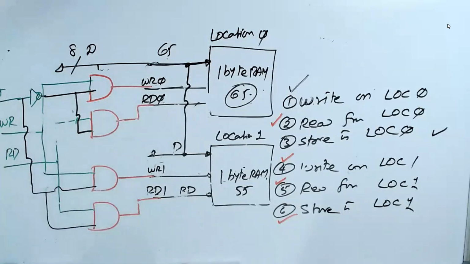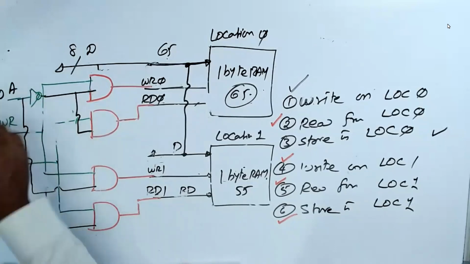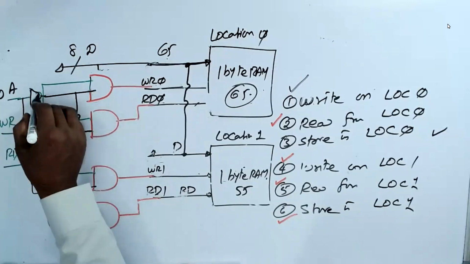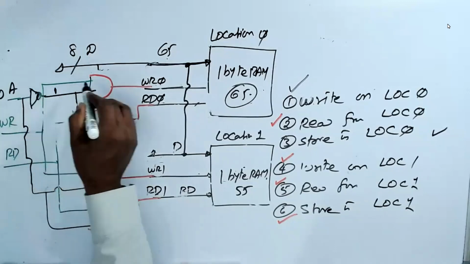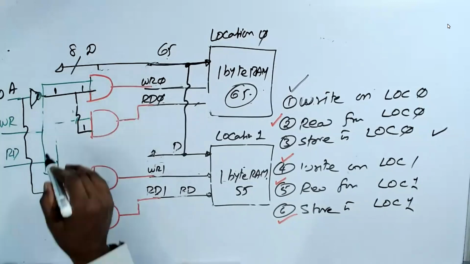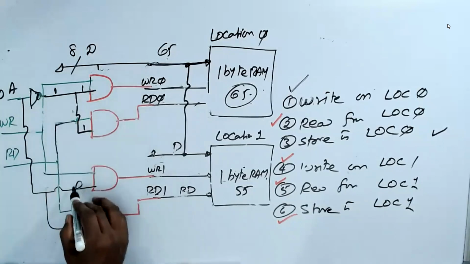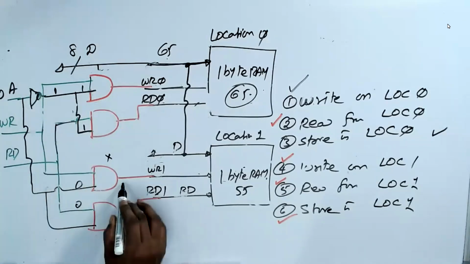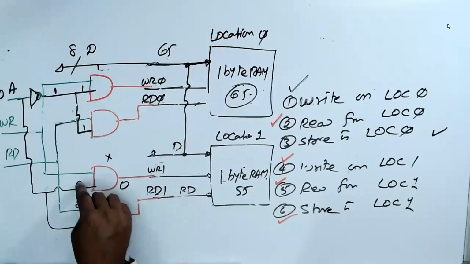You see here. If A is 0, since there's an inverter here, this becomes 1. So this is 1 and this is 1. Whereas this becomes 0. These 2 gates output is 0 always now, because one input is 0 in an AND gate.